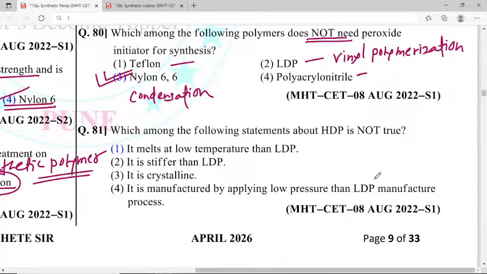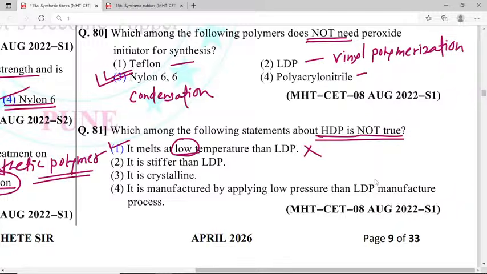Which among the following statements about HDP, high density polythene, is not true? It melts at low temperature. No, it melts at high temperature. So this is not true.